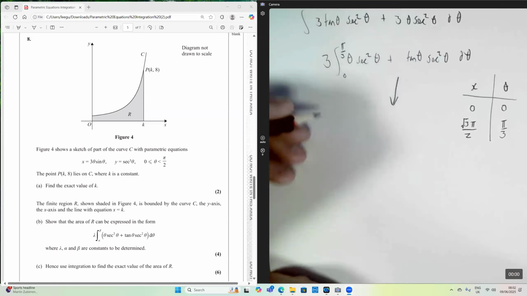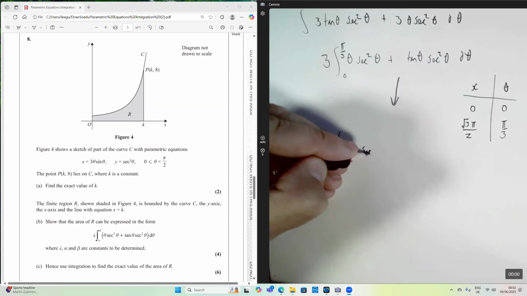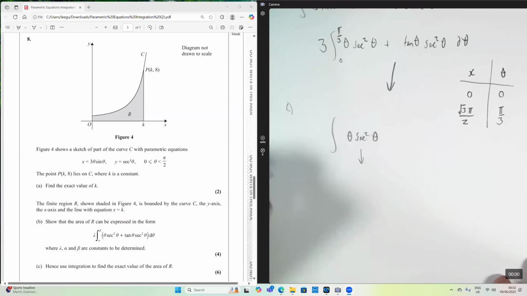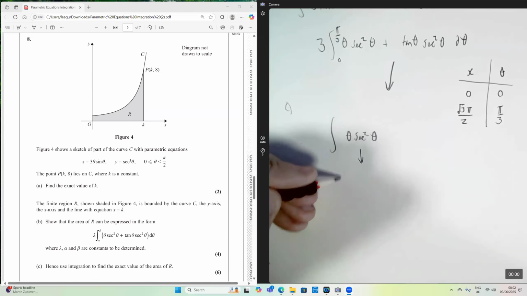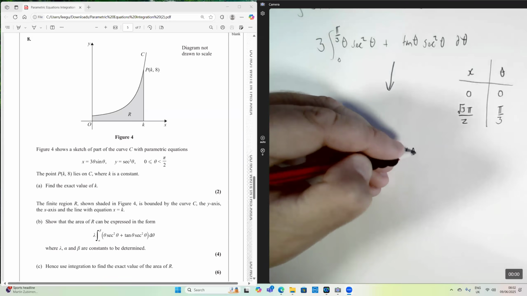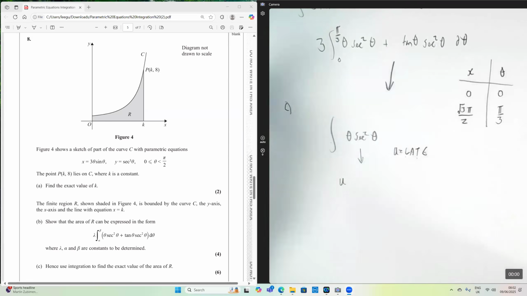So first of all, we've now got to integrate this expression. We have theta sec squared theta to integrate. That's going to need to be integrated using integration by parts. If you remember that little acronym, u can be LATE: logarithms, algebra, trigonometry, exponentials.